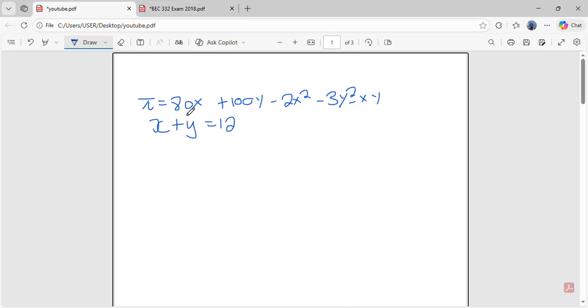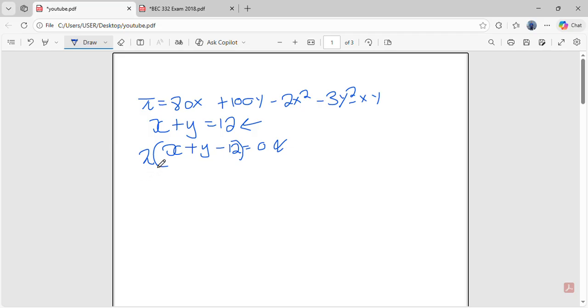We first manipulate the constraint equation by making sure that 12 goes over to the other side, so we have x plus y minus 12 equal to 0. This is the constraint equation, which we multiply with the Lagrangian multiplier, lambda.